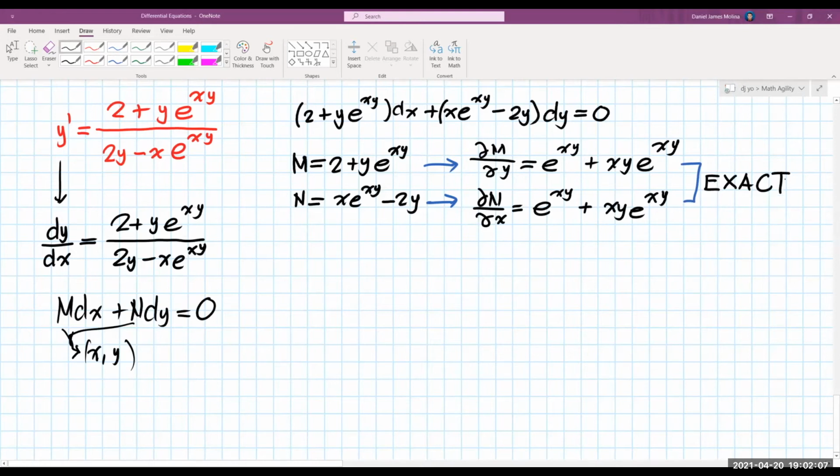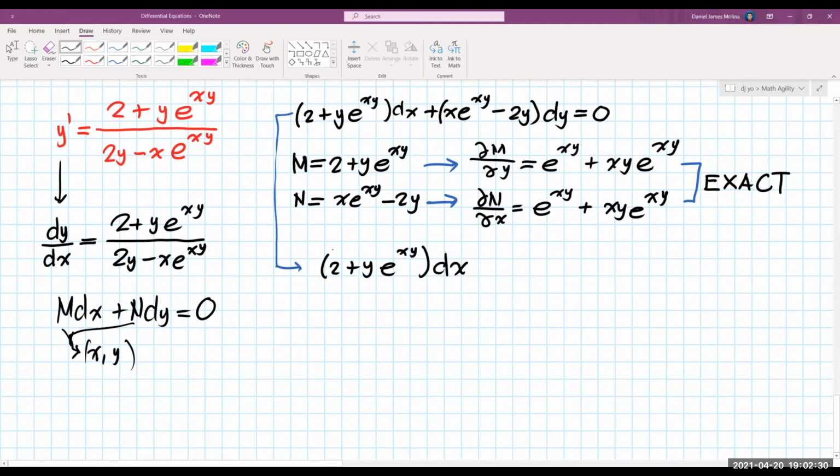To solve an exact differential equation, once it is proven exact, we just have to integrate. Let's integrate the first term, 2 plus y e raised to xy dx.